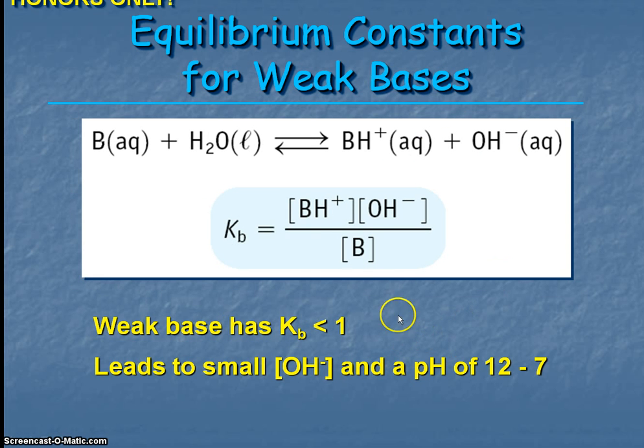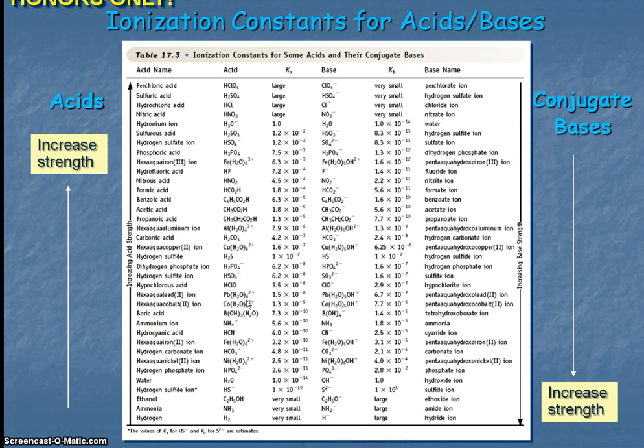Bases, same thing. For a weak base, we're going to have very few that go this way and a large amount that stays this way. The liquid, water, or solid is not included in a K. So we can look at different Kas or Kbs for different acids and bases and see how the increasing strength is.